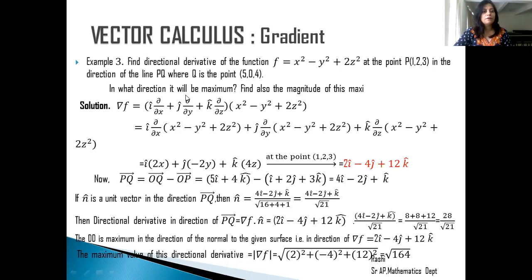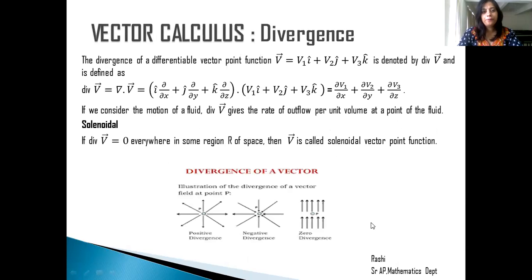It will be maximum in the direction of the gradient. Find also the magnitude of this maximum. How to get the magnitude of this maximum? Find the magnitude of the gradient. Done. So you should not get confused when you are reading the question. Understand the concept and then do the question. Okay? Let us see further what we have.